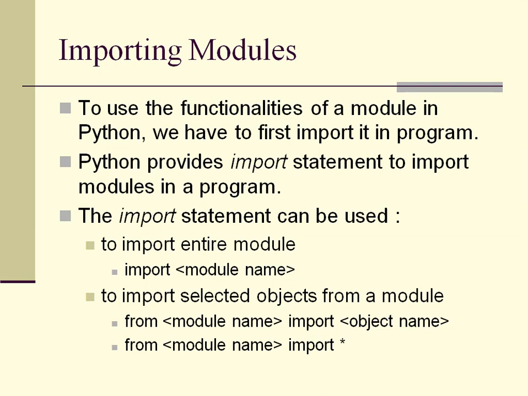But please note, this line, from module name import star, is different from this one. Both lines will import the entire module. This will also import the entire module, and this line also, from module name import star. This will also import the entire module, but there will be some differences that we will be discussing in a while.